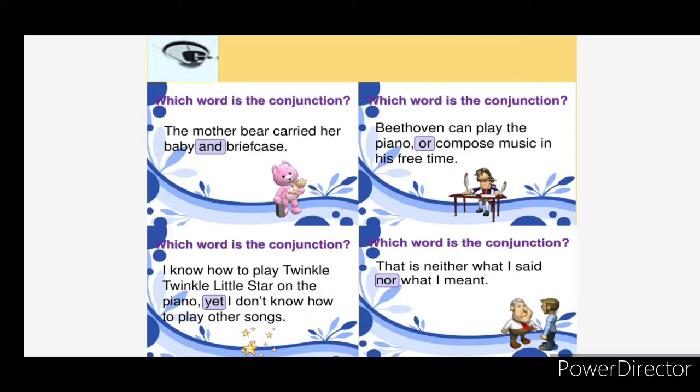So again, it is a coordinating conjunction. Then we have that is neither what I said nor what I meant. Here, nor has been used as a coordinating conjunction. So we all can see how these conjunctions are used to connect sentences, phrases, or clauses.